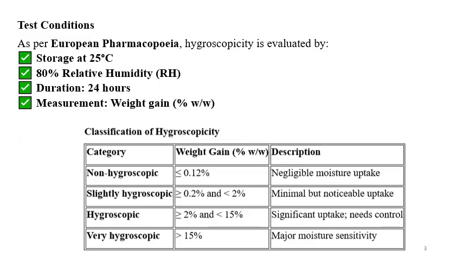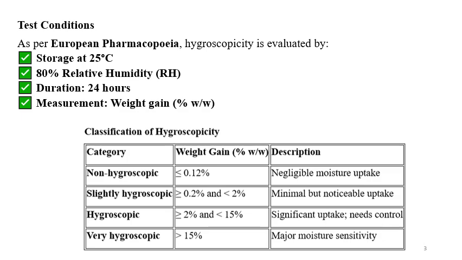As per the guidelines and as per European Pharmacopoeia, the hygroscopicity of the material is evaluated by measuring the weight gain. The material is exposed to 80% relative humidity, that is percent RH, for a duration of 24 hours, and the temperature is 25 degrees Celsius for the storage.